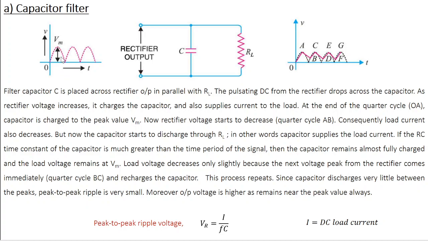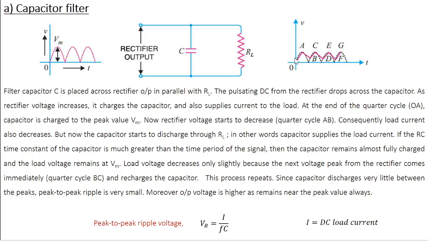Now, what happens after this quarter cycle? The rectifier voltage is going to decrease. During quarter cycle AB, the voltage decreases, and eventually becomes 0. So it's the same as the condition of there being no power supply. The capacitor becomes the source and starts to donate charges.